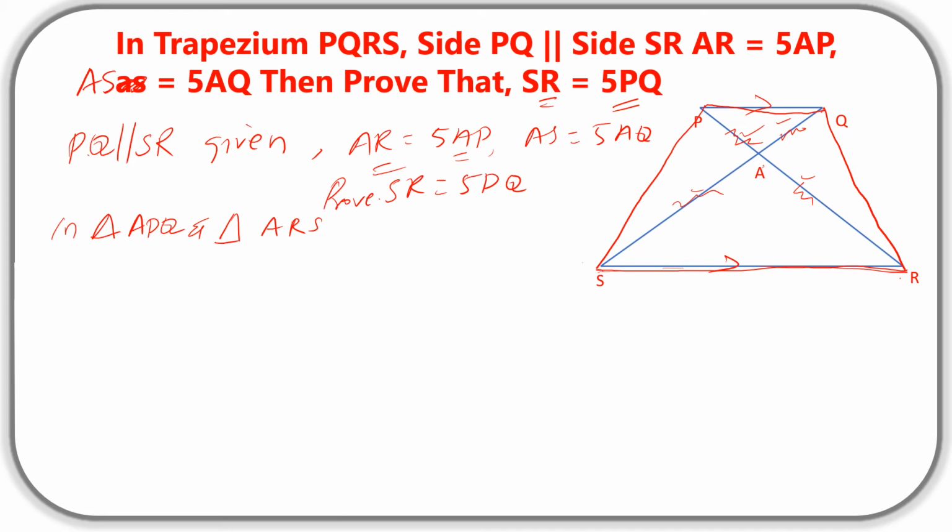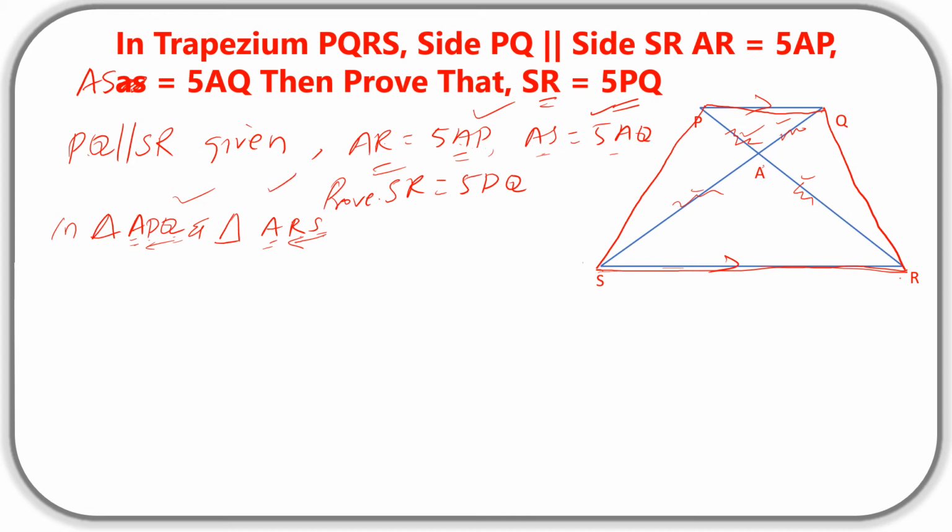Then we can say their sides should be proportional, because the proportion is given. One is AR and AP, AR is here, AP is here. The other given is AS and AQ, and the question is on SR and PQ. We can do that. Before that, we have to prove these two triangles are similar. That is our attempt. For that, we wrote the names of the triangles in proper order.